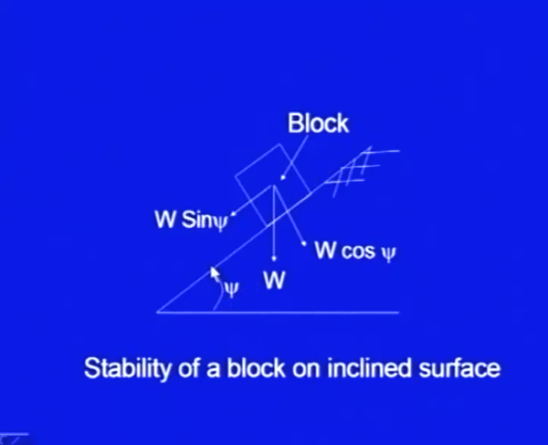At a certain value of psi, W sin psi becomes equal to the limiting value of the mobilized friction, mu into R. Beyond that, if it is steeper than that, W sin psi will be very large and this block will slide.